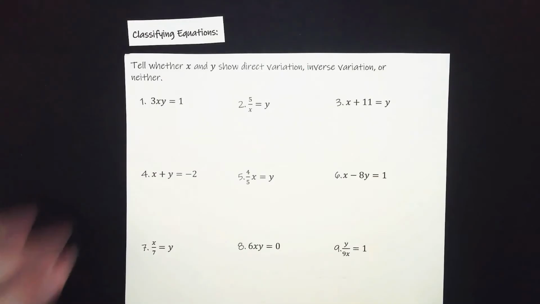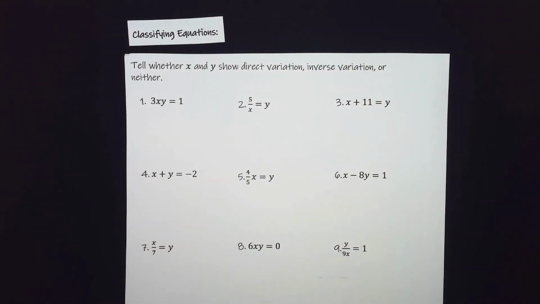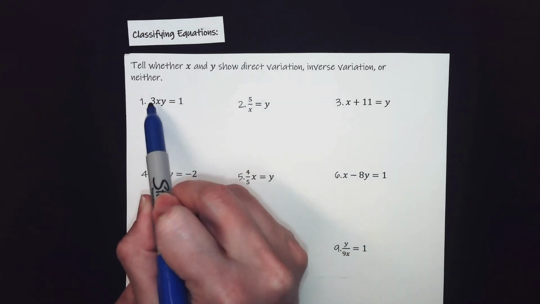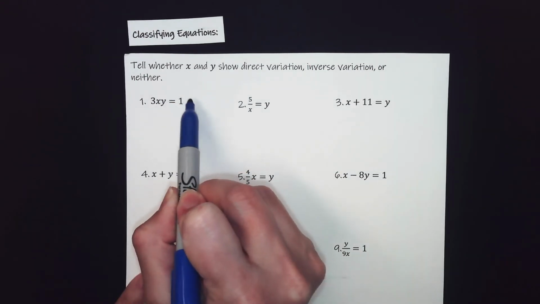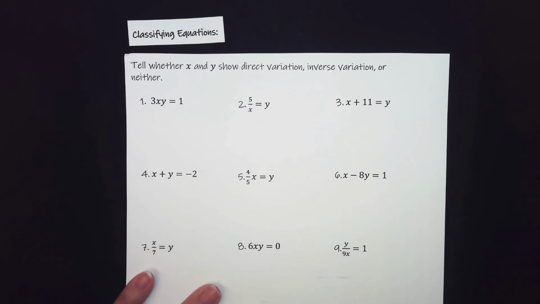By classifying some equations. We want to tell whether x and y show direct variation, inverse variation, or neither. In the first one, I have x and y right here, and I have a 1 and a 3. Let's get all of the numbers on one side so I get my constant.